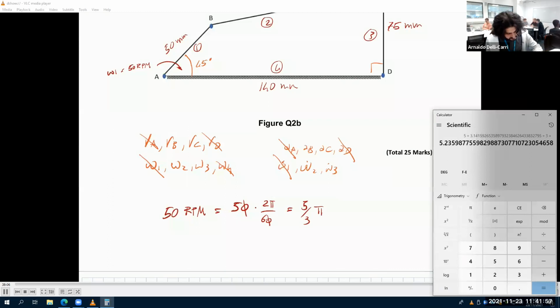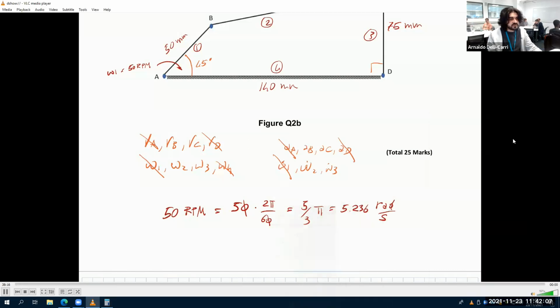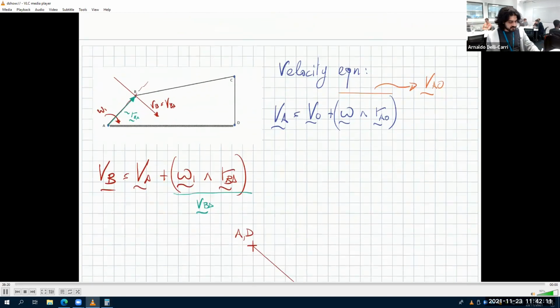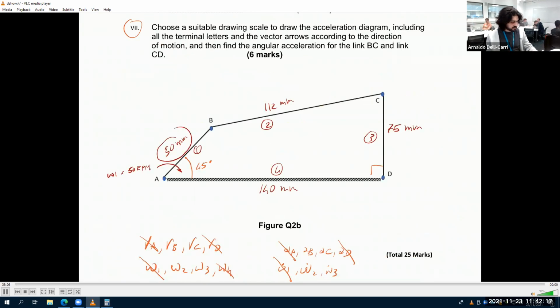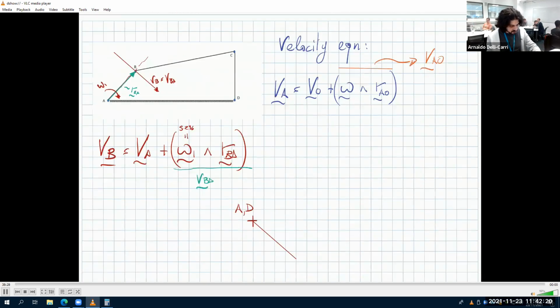5.236 radians per second. Let me check the chat. Yeah, thank you, thank you, Marius. Okay, so that means that we have this. This is 5.236. RBA is 50 millimeters long.